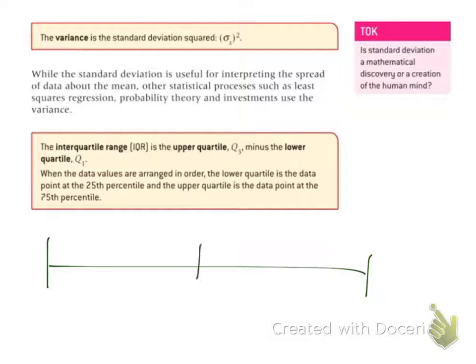You find the middle, which is your median, and then you would find your upper median, and then your lower median. AKA upper median and lower median is the upper quartile, the lower quartile. So it's basically cutting your data in half by finding the middle, and then cutting the top half in half and the lower half in half.